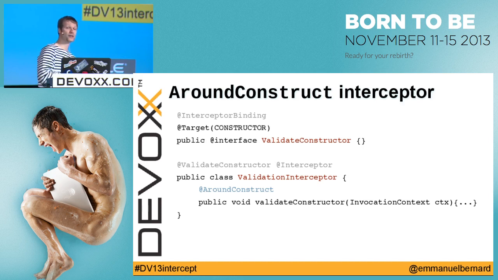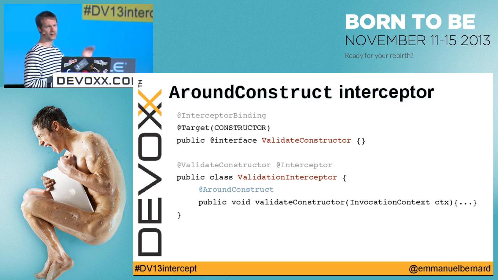So what does it look like? In this case, I use interceptor binding, which I personally find more elegant. So what we have here is an annotation that expresses the fact that I'm going to intercept a given thing with a given interceptor. Okay, so the interceptor binding here is the validate constructor annotation.